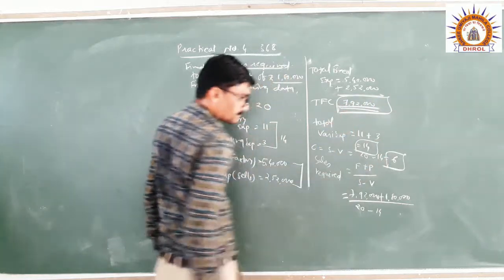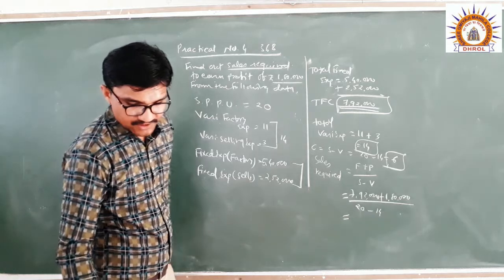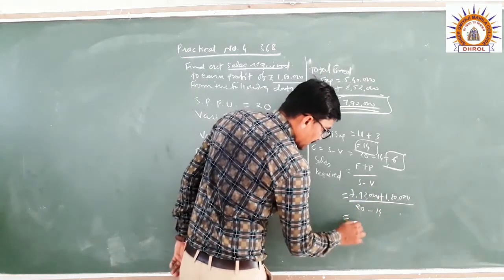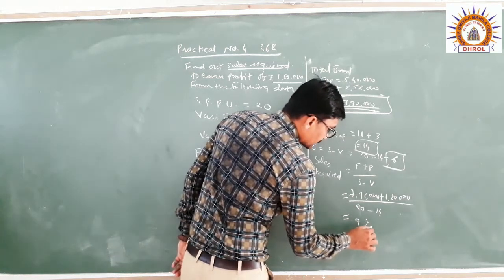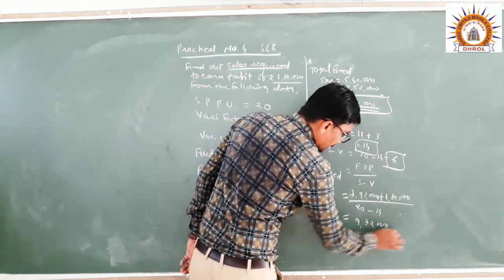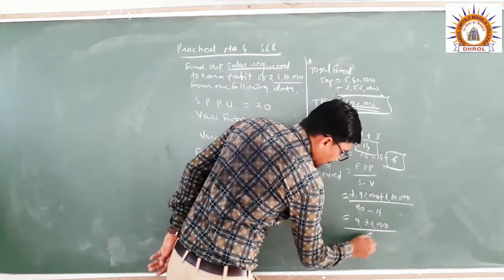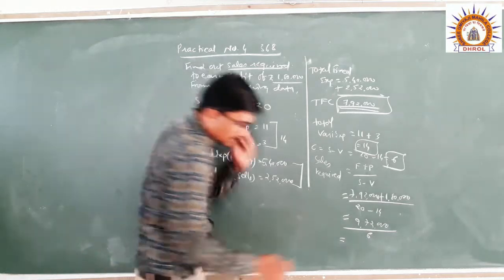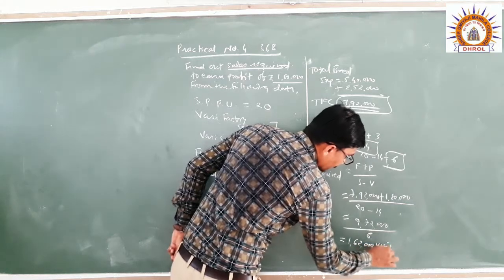So make the total 7,92,000 plus 1,80,000, so 9,72,000 is the total, right? And divided by 6. So the answer, as per your book, is 1,62,000 in terms of units.